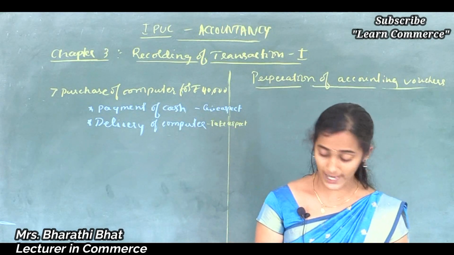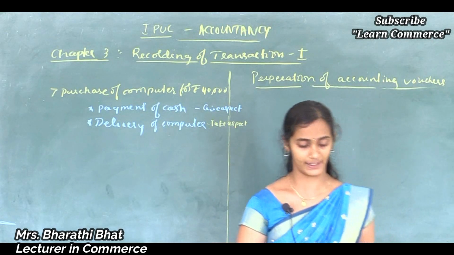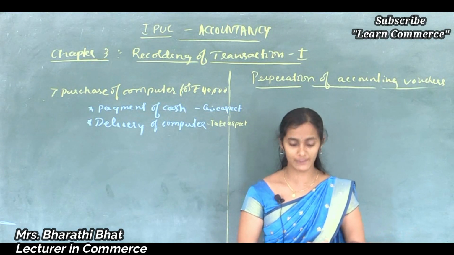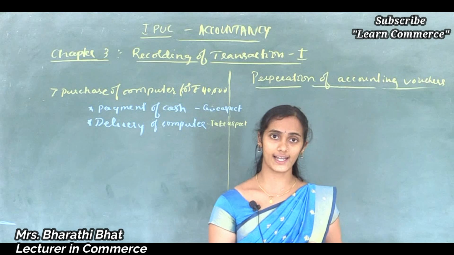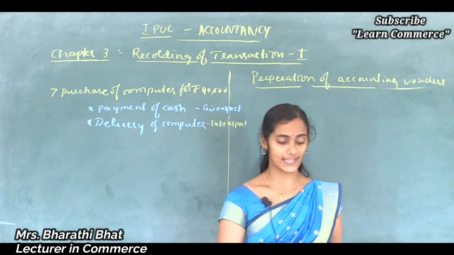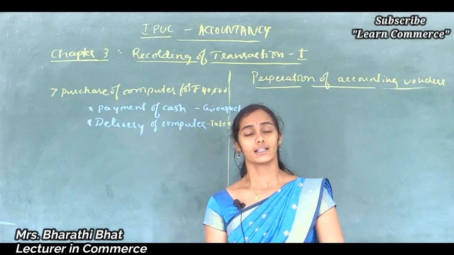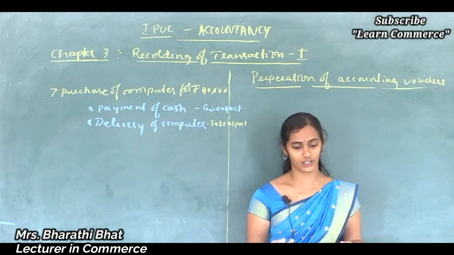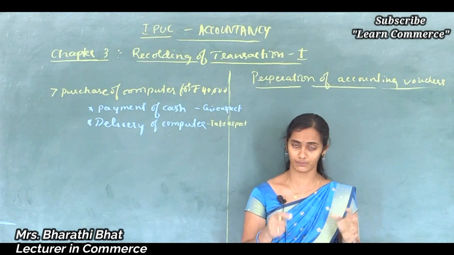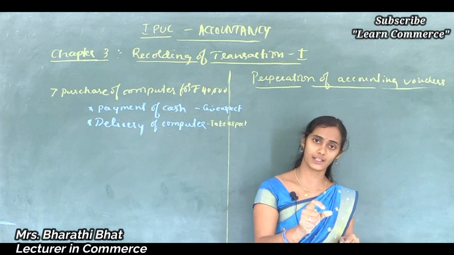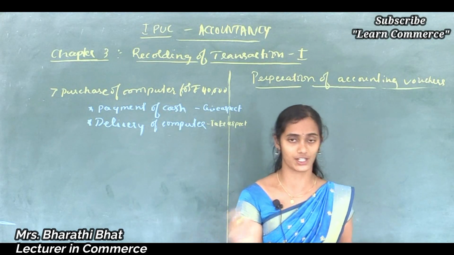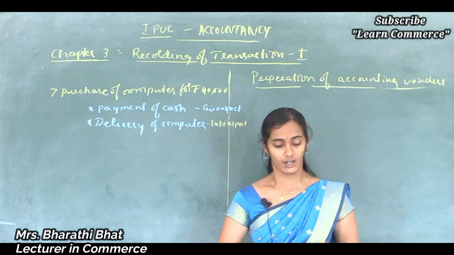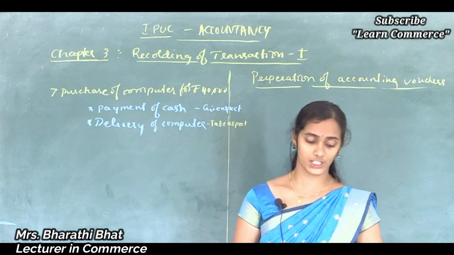See, when a transaction has multiple debits and multiple credits, it is called a complex voucher. At that time, we should prepare the voucher that is prepared by the organization. The voucher prepared by the organization for such a transaction is called a journal voucher, or we can say complex voucher.